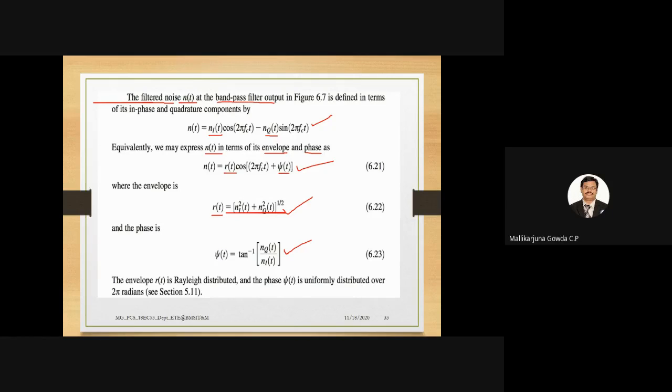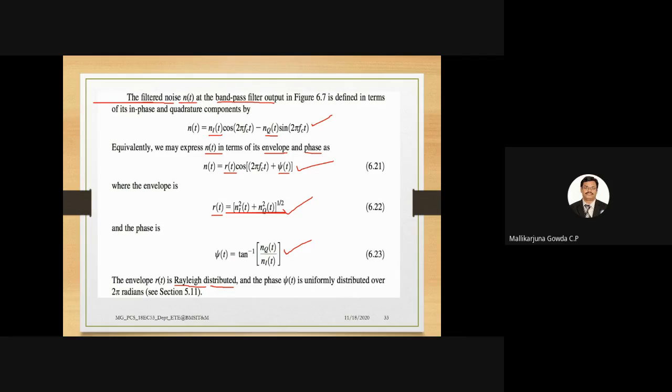How do we represent the filtered noise in terms of in-phase and quadrature phase components, as well as envelope and phase? Here we consider this envelope R of t to be Rayleigh distributed. I hope you are all aware of the Rayleigh distributed PDF, like the Gaussian probability density function or even the uniform distribution. Similar to that, there is a Rayleigh distributed function.